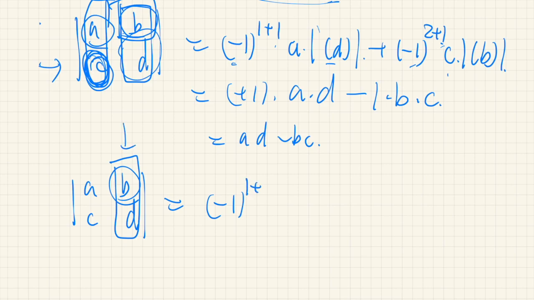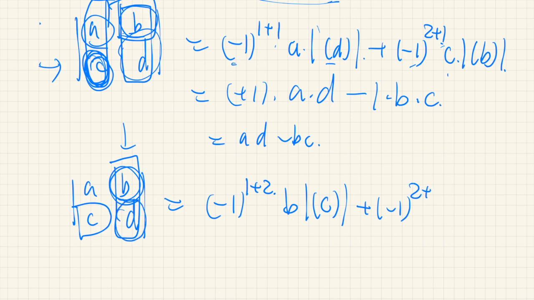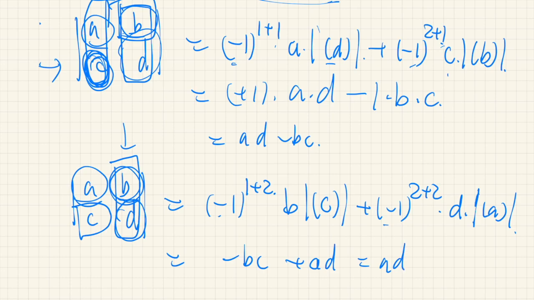The element is B, and the remaining element is C, so the smaller matrix is made of only C. And negative 1, the 2, 2 element, D, and the smaller matrix is made of A. Again we have negative BC here and positive AD here. So again and again we get the same result.